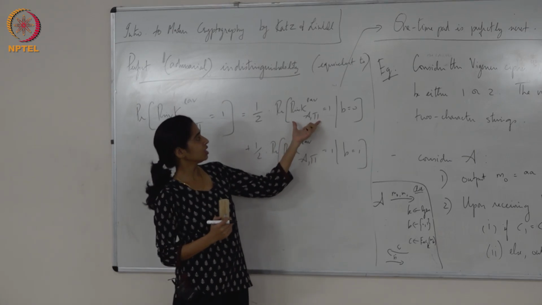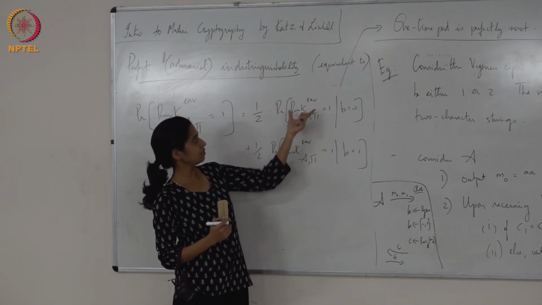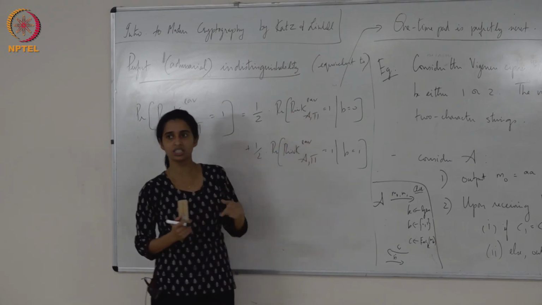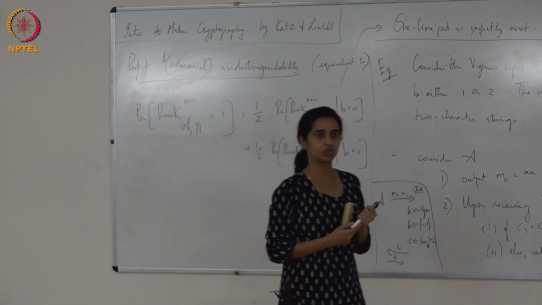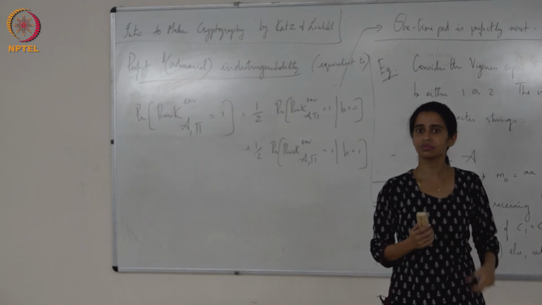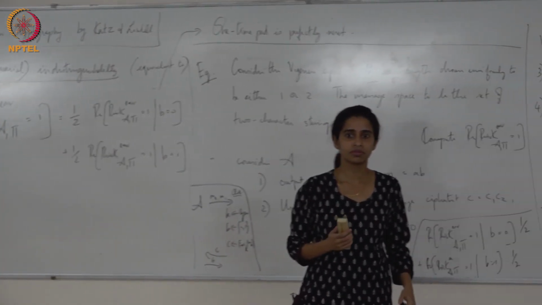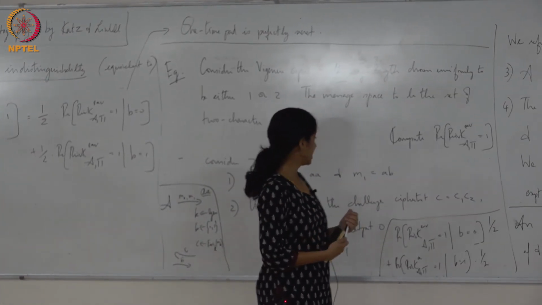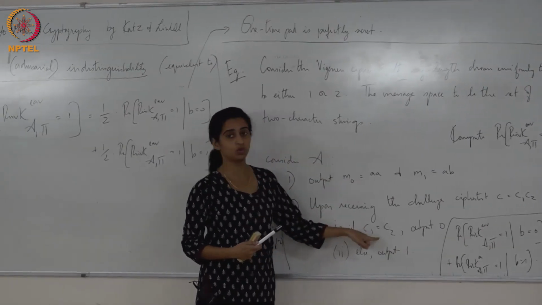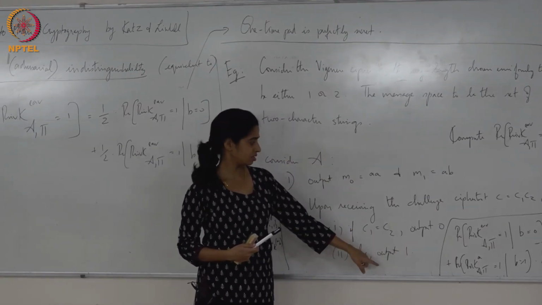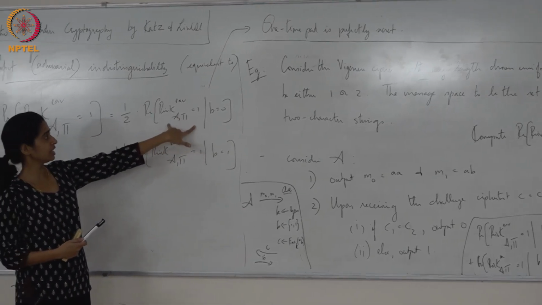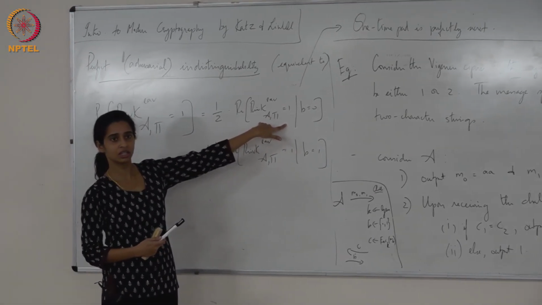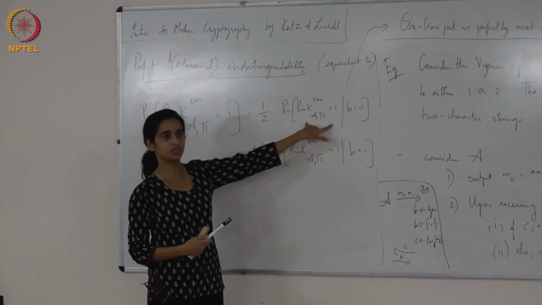So when we say PrivK^eav_{A,Π} is 1, what is the definition here? When does the experiment output 1? No, that is when the adversary A outputs 1. So when does the experiment output 1 is the question. It is when the adversary's prediction is correct.